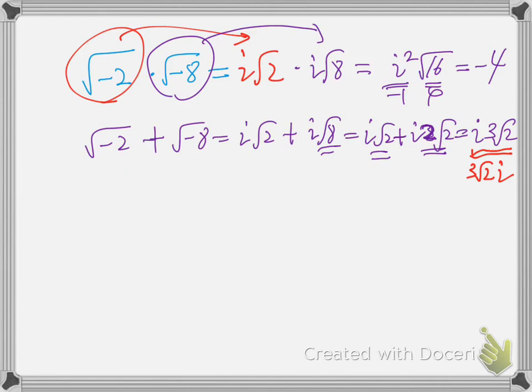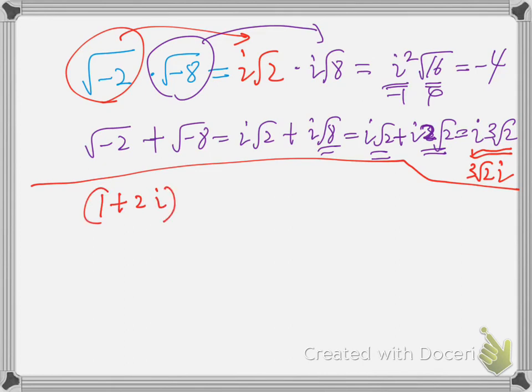Now the complex numbers. For addition and subtraction, we always do the real part and the imaginary part separately. So 1 plus 2i plus 3 plus 5i. Here the real parts are 1 and 3, so we put 1 plus 3.